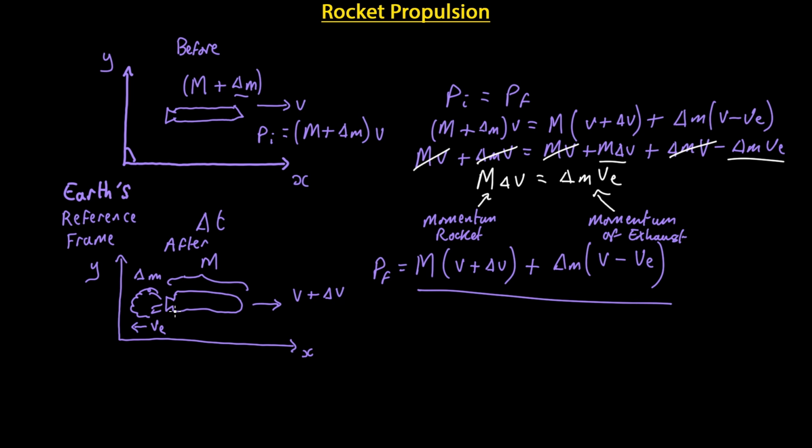So what happens now if we take the limit of delta t and make this approach 0, then delta v will approach dv, and the small amount of fuel being ejected becomes dm.